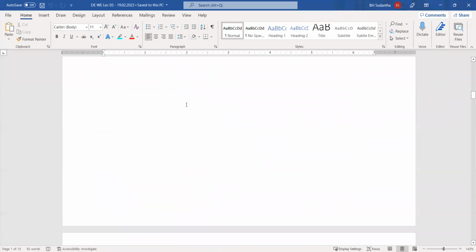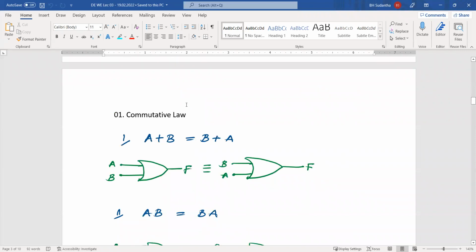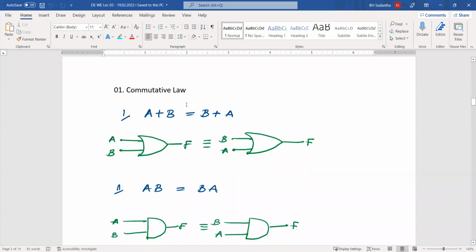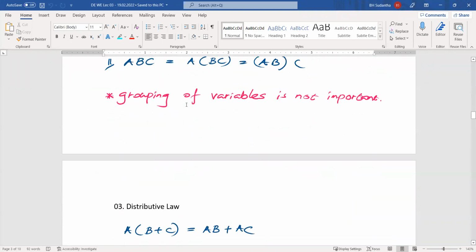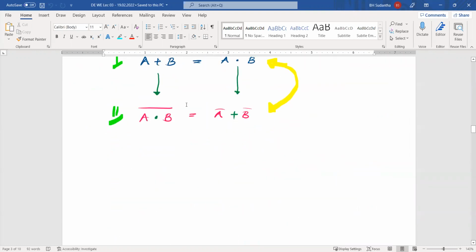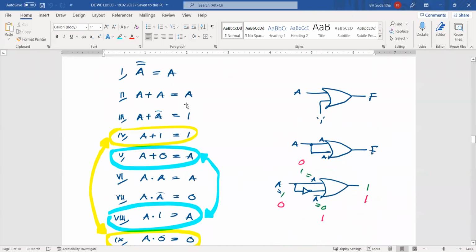Other things we have discussed there, and after that, we came to this section. There we discussed the additional tools we need to enhance our circuit designing. Then we discussed several laws and theorems.